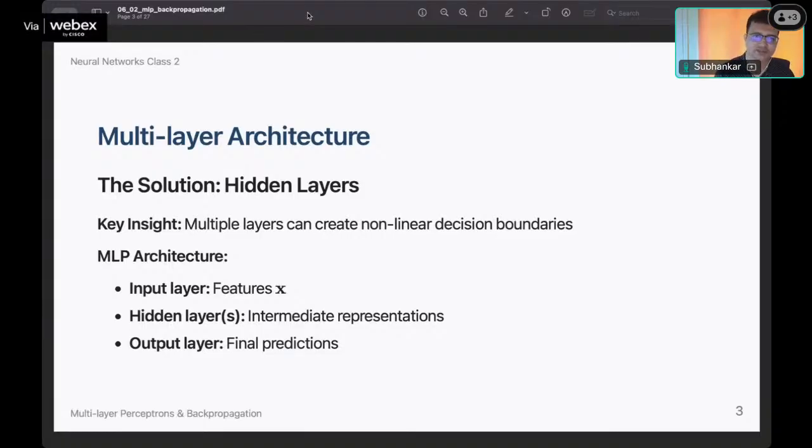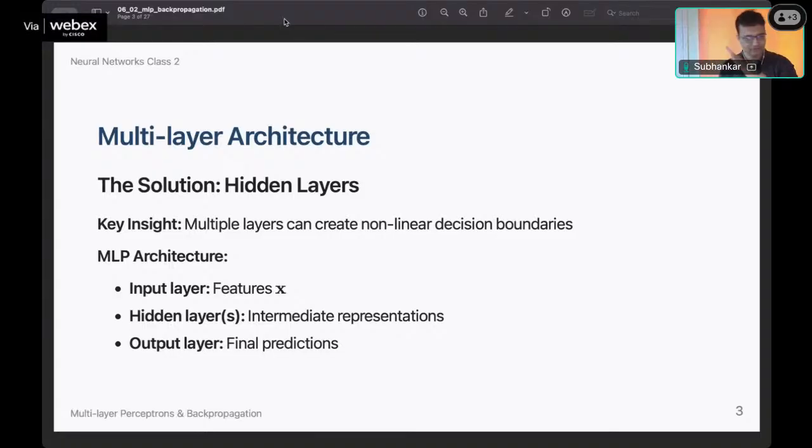Instead of one perceptron, use multiple layers. If you use multiple layers, that can create non-linear decision boundaries. Because a single perceptron creates one straight line, if we combine multiple decision boundaries, they can create non-linear regions.